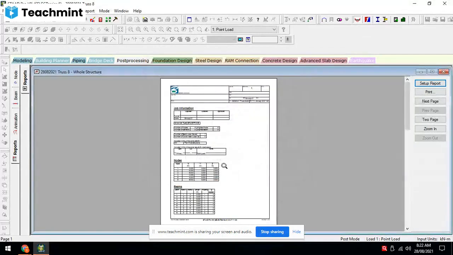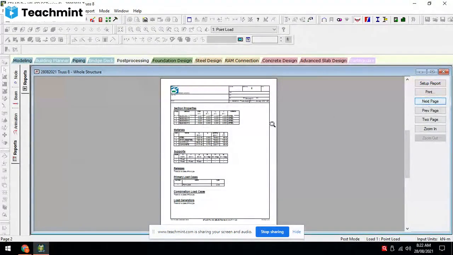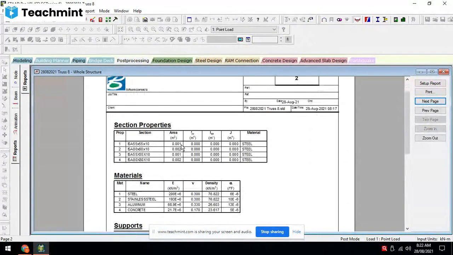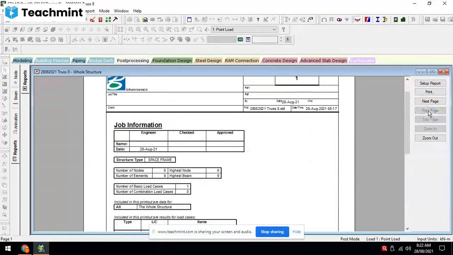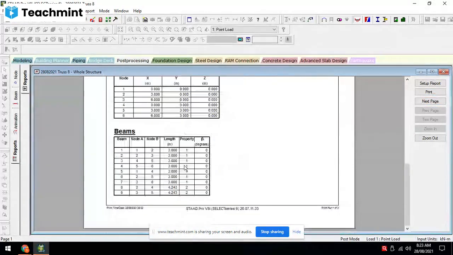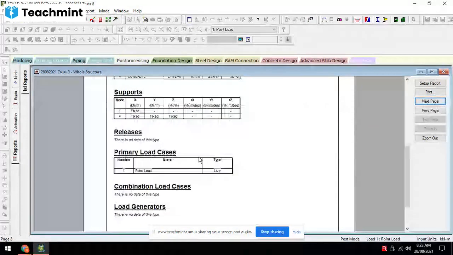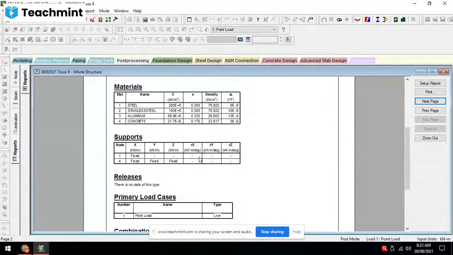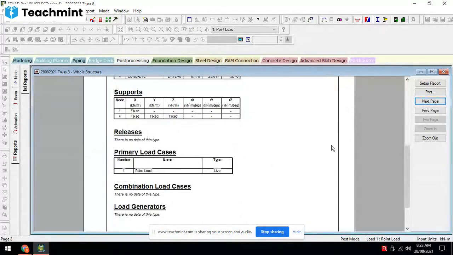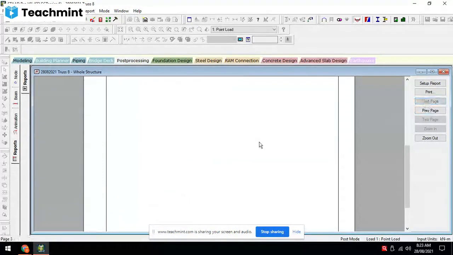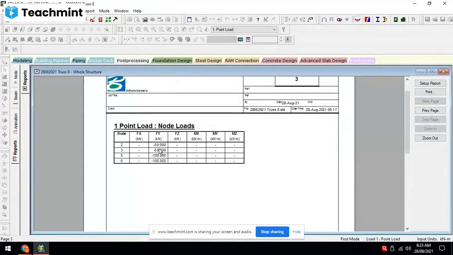Then this report is created in Staad Pro. Whatever I have put in here is all printed by default: section properties, material, support, load cases, etc. Then you can see the nodal load also.